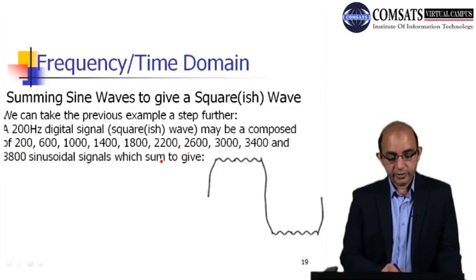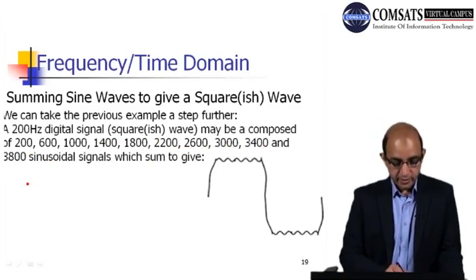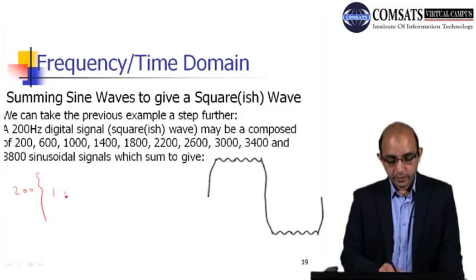Let me do something different: I will take 200 as common, so I am left with 1, 3, 5, 7, 9, 11, 13, 15, 17 and 19.